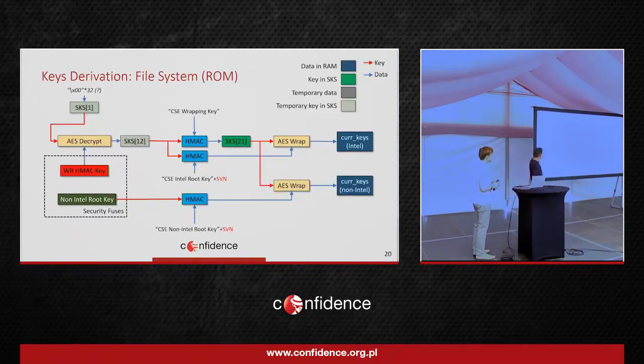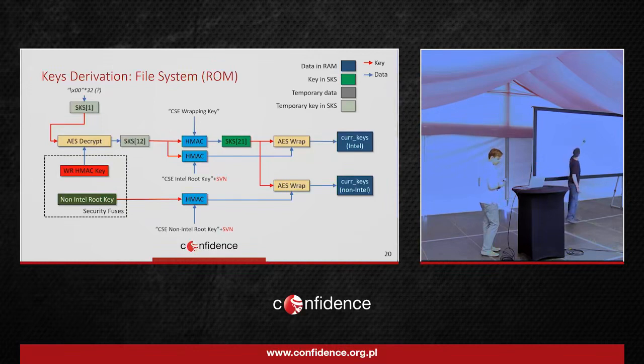Everything starts from the rapid HMAC key. We use AES decryption using some key. We believe that key is completely filled with zeros, but we are unable to check it because we have no access to the device at that point. So keys are stored in fuses, decrypted and stored in the secure key storage in slot number 12. Then this key is used to calculate HMAC for two strings.